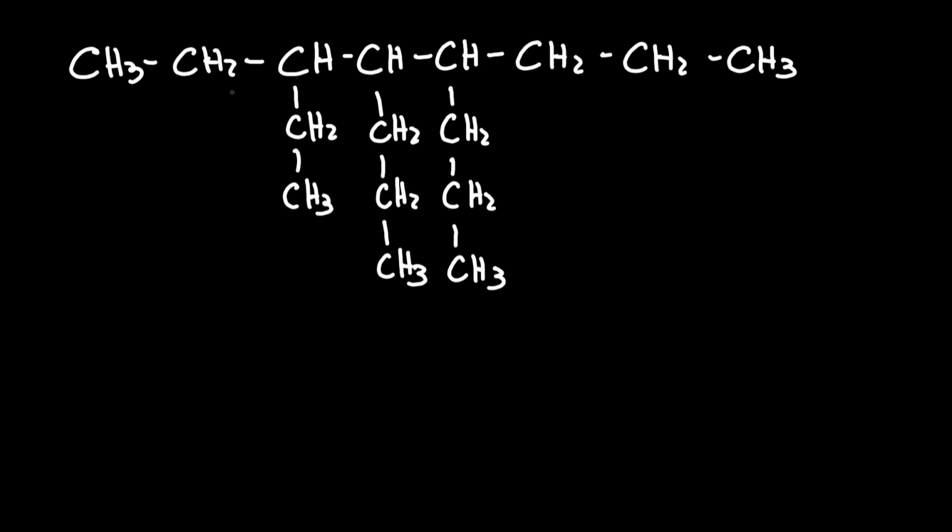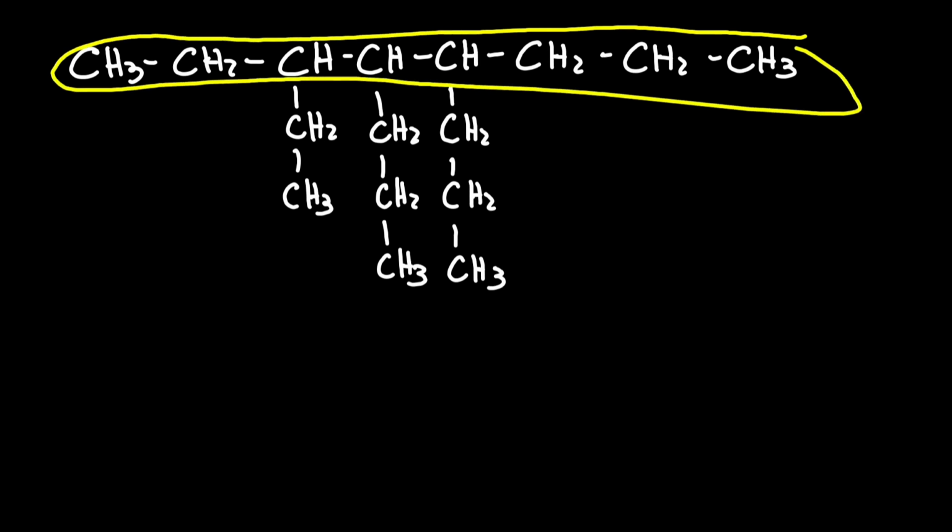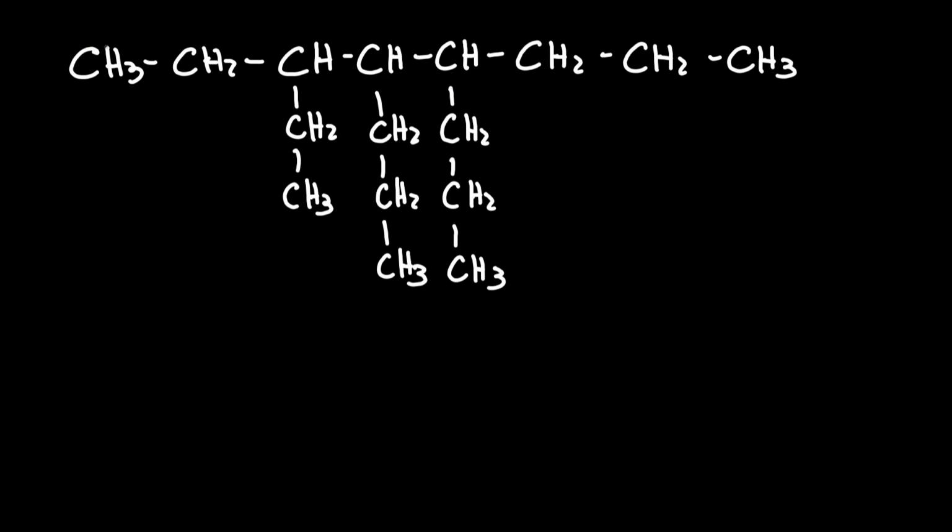Trying this one. First, locate what is the parent chain. It would be obviously this one. Let us count it. If we're going to count it left to right, our lowest carbon number, which has the substituent, would be at the 3rd. If we're going to count it right to left, it would be on the 4th carbon position.